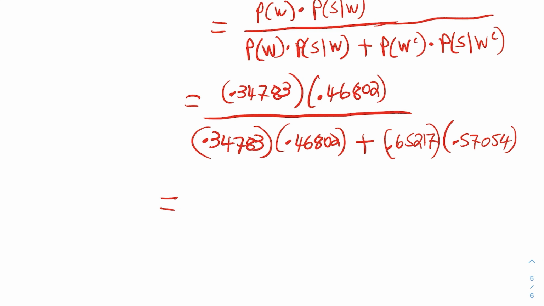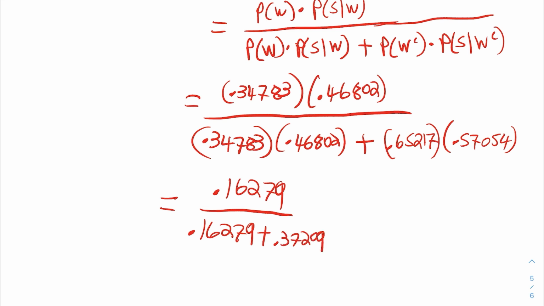So the numerator is 0.16279. That first term in the denominator is the same, and then we're adding to that 0.37209. When you add those together, we get 0.53488.